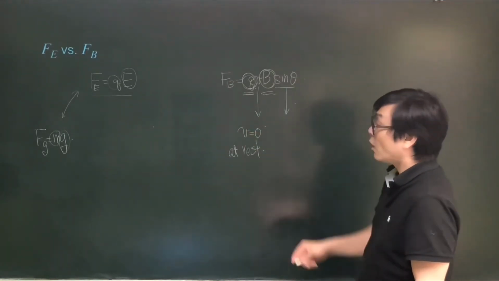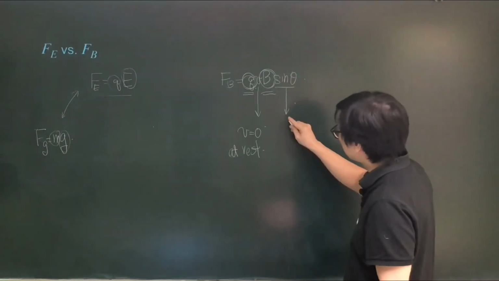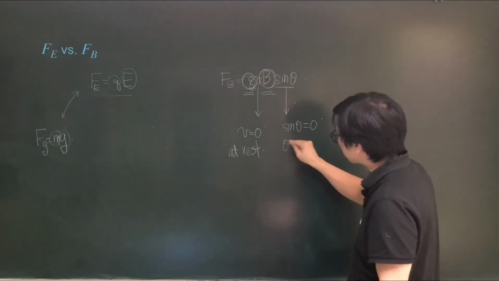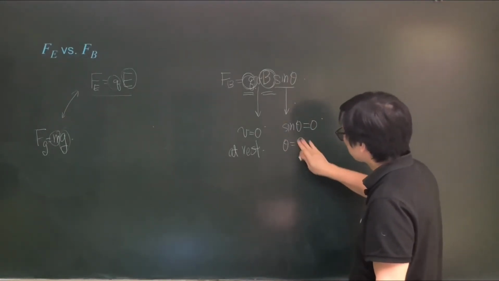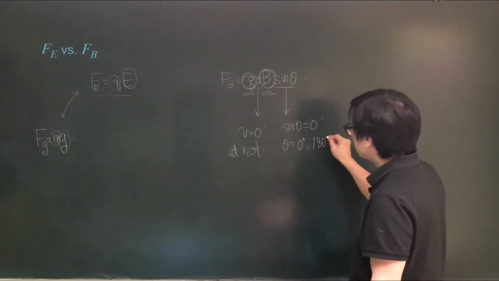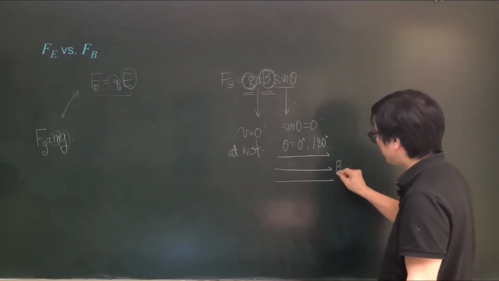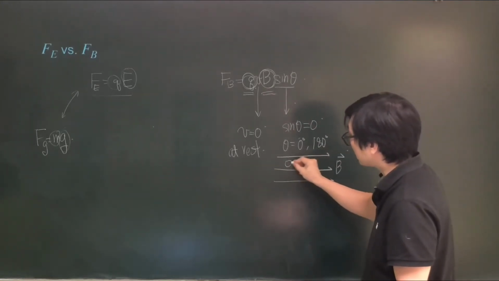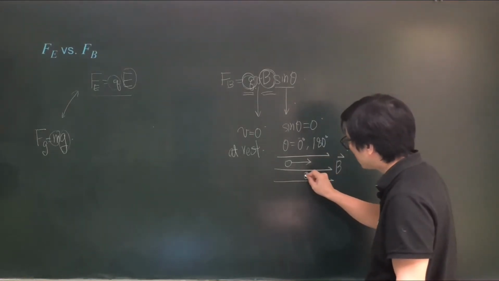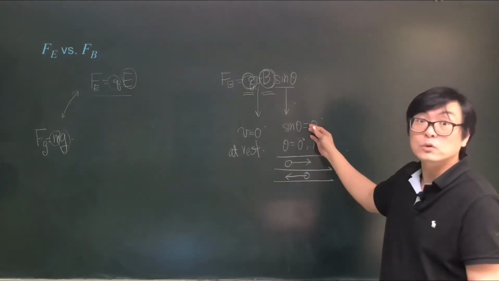Here, although the object can be moving with constant speed, if sine theta equals 0, that means theta equals either 0 degrees or 180 degrees. When you have a magnetic field, if the charged particle moves in the same direction as the magnetic field or the opposite direction, then the sine theta component will be 0.